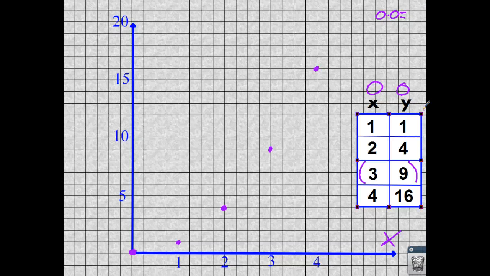I do not have a straight line, so this is not proportional. What it is, and we're going to get more into this when you get into algebra, this is called an exponential equation. So we are going to be actually going on this arc looking pattern. Not linear, okay?